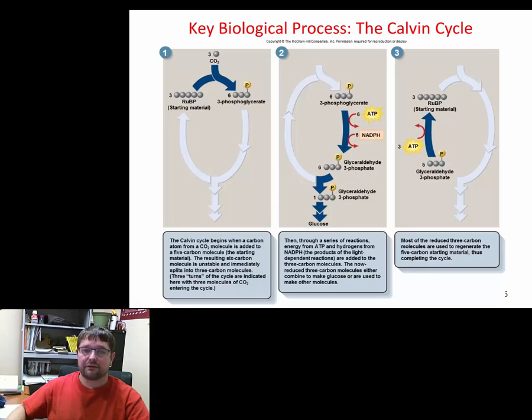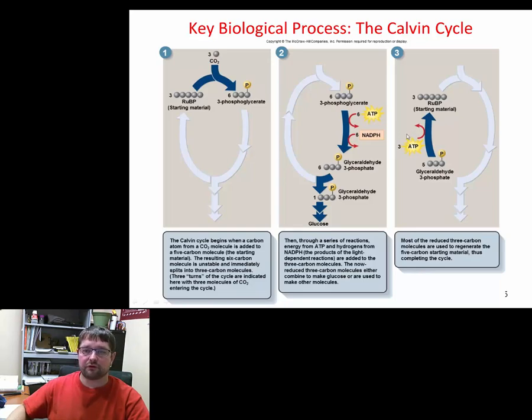If you combine glyceraldehyde 3-phosphate together, you will get glucose. Of these 6 glyceraldehyde 3-phosphates, one molecule is going to be donated to the formation of glucose. The remaining 5 molecules will go through more transformation by adding more energy.